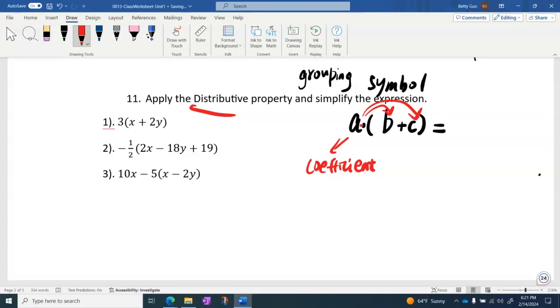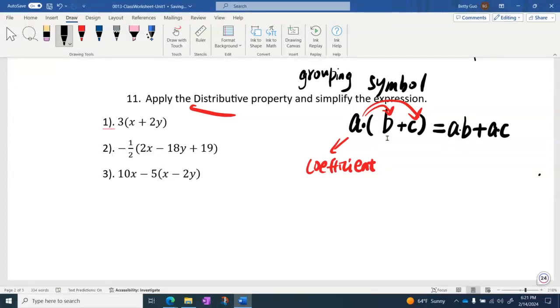Remember, the coefficient is always multiplied with whatever the term is. So we give the member B a coefficient A, so A times B. And then we give the member C a coefficient, and then we have A times C. And then we add it together.